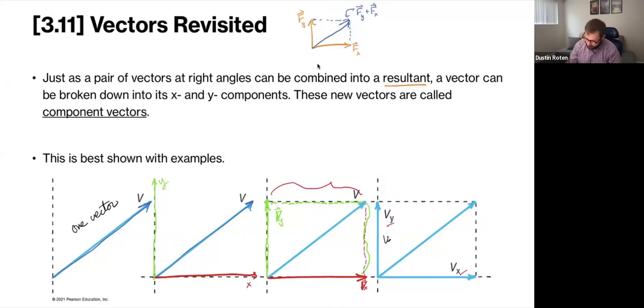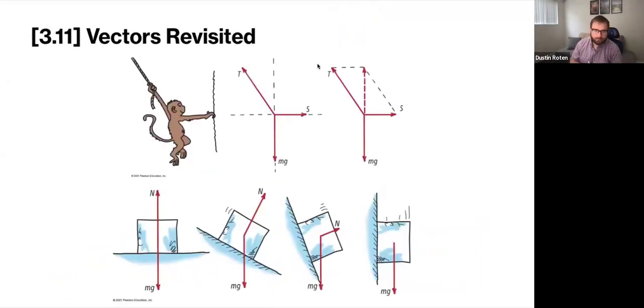So vector one, vector two. And we could still talk about our original vector, or we could talk about just its y piece and just its x piece, depending on what we're talking about.